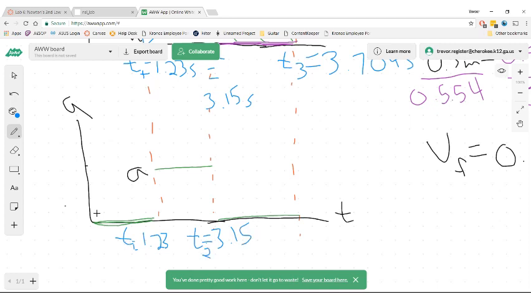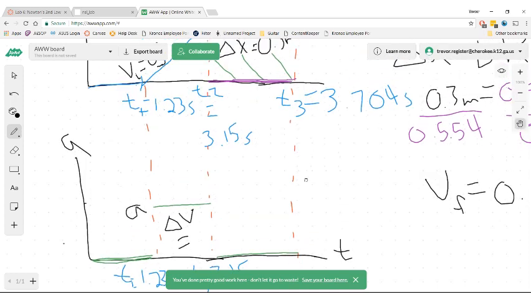Okay, and now we need to represent the area of this. That's our change in velocity, delta V. Now here, I can't calculate the area because I don't know the height of my rectangle, but I can figure out the change in velocity, and that one's kind of easy.